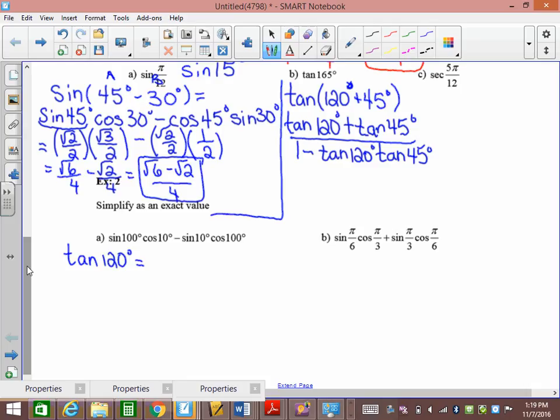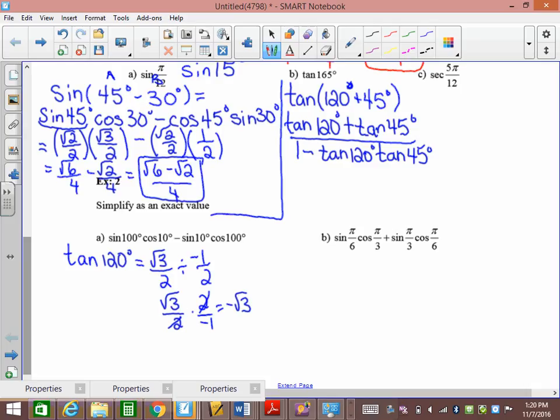So it's going to be root 3 over 2 divided by negative a half, which is root 3 over 2 times 2 over negative 1, which is just negative root 3. So any spot we have a tan 120, we're going to replace with negative root 3.